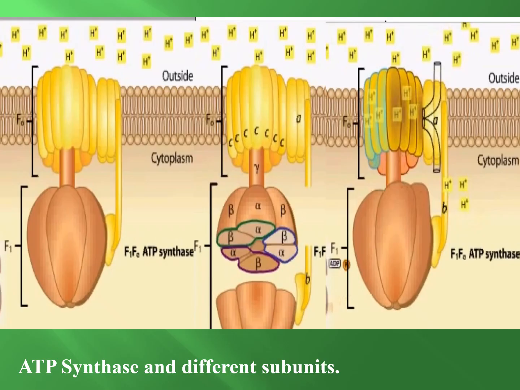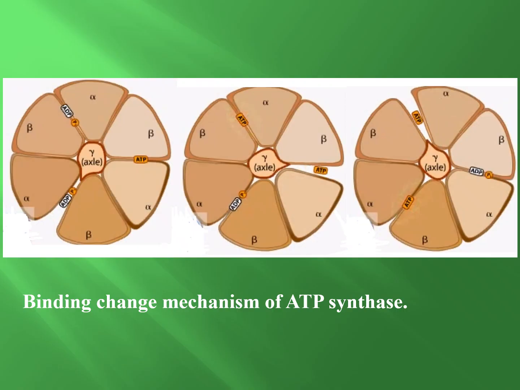thereby generating ATP. So here we see there are a lot of H ions over here in the intermembrane space, and when this H ion movement is taking place, this movement in the ATP synthase is taking place, which causes the phosphorylation of ADP, and it is understood by the binding change mechanism, when ADP and phosphate bind to this cycle, and while this movement is taking place, it is phosphorylated to generate ATP, and ATP is released from this.